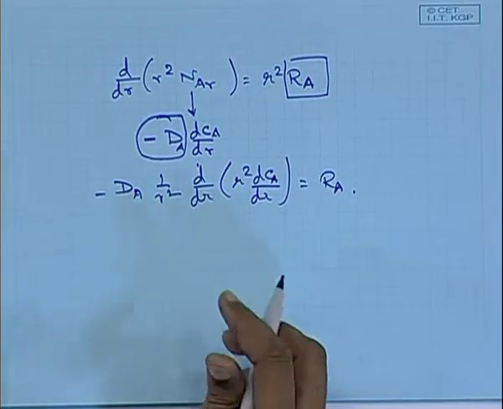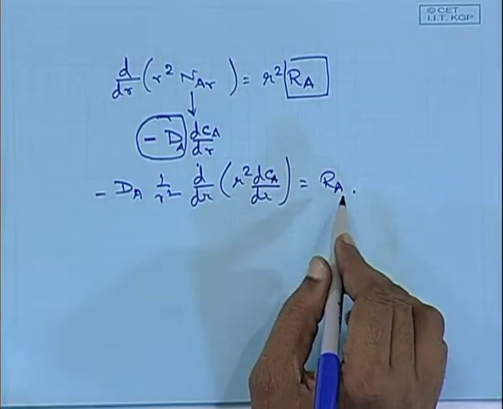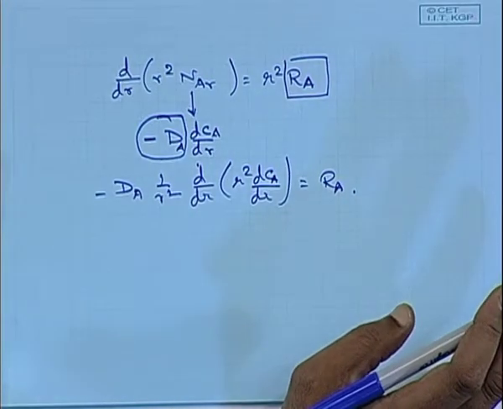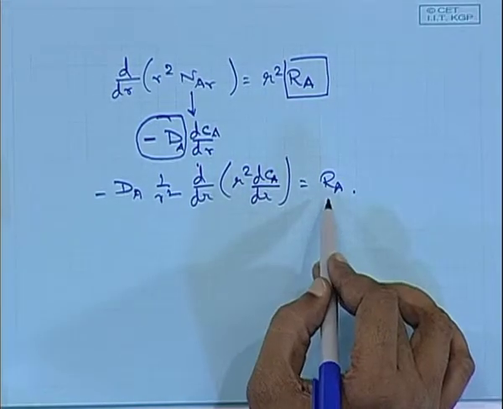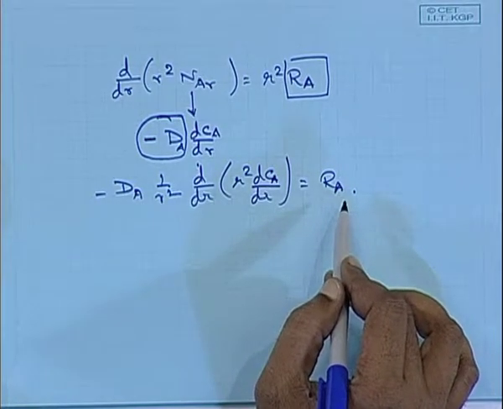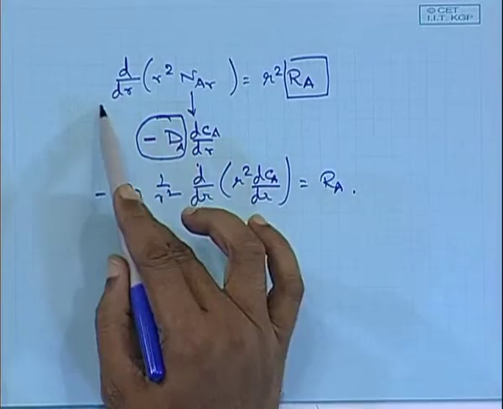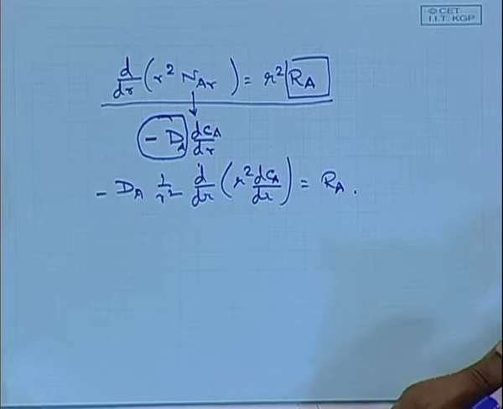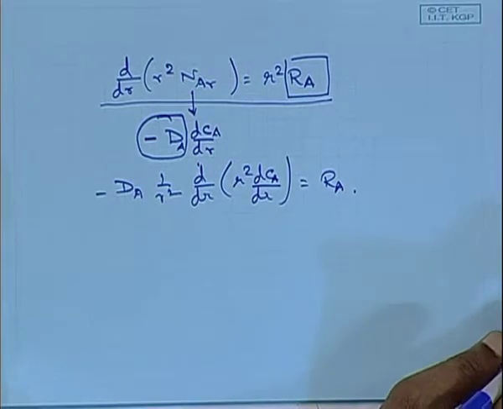Now we have to define RA as if it is a homogeneous reaction. We understand that on a molecular scale it is heterogeneous, but somehow, in order to make this equation right, this RA has to correspond to that of a homogeneous reaction.